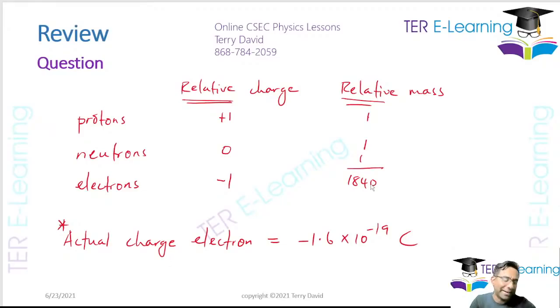You are not expected to learn off these numbers, but there's a difference between relative charge, relative mass, and actual charge and actual mass. The actual charge on an electron is this figure here, but the relative charge is -1. We just use -1 here. So you need to know this table, and you need to know the location of these particles inside of my atom.